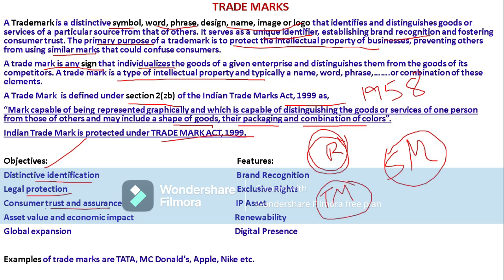So consumer trust and assurance will be increased by having a trademark. The objective of trademark is to increase the trust from the consumer, to give assurance to the consumer by showing the trademark. Why? Because it creates a positive association with the consumers.